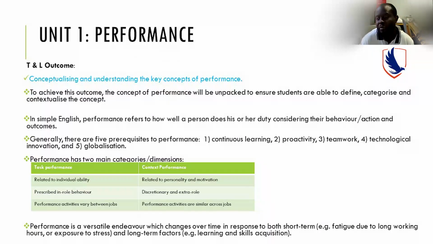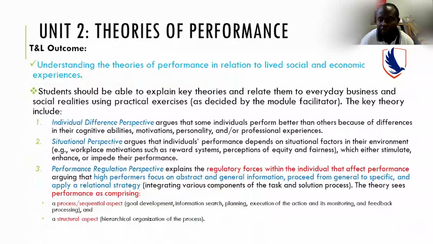Short-term factors could be fatigue, for instance. Somebody who's been working so hard for long hours may malperform. But also long-term factors, maybe learning and skill acquisition, which may make it easier for somebody to perform.